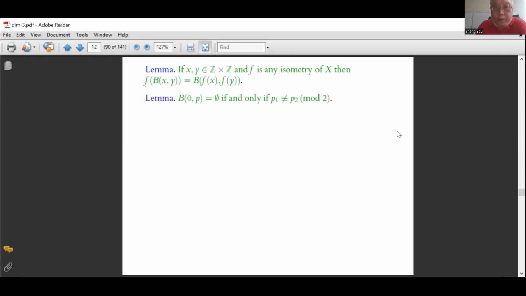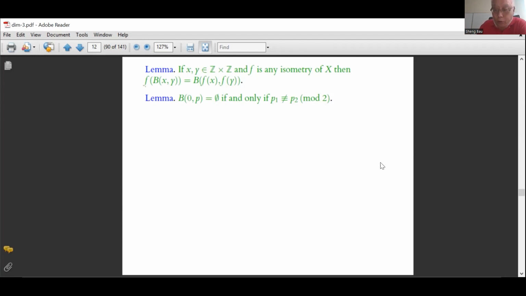Therefore, it's easy to understand that isometries map bisectors to bisectors. And then if 2 points, their distances in our space, the two absolute values do not have the same parity, then the bisector is empty.